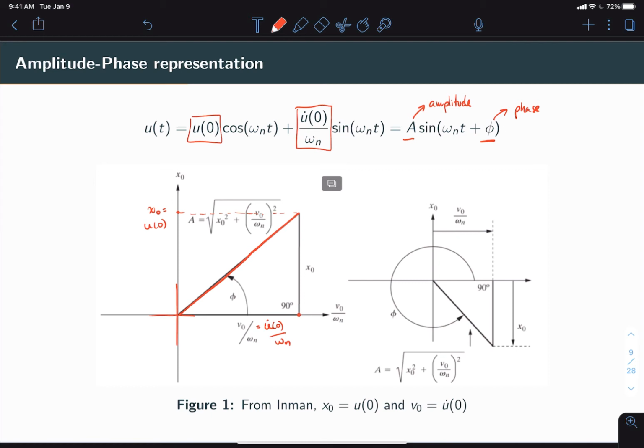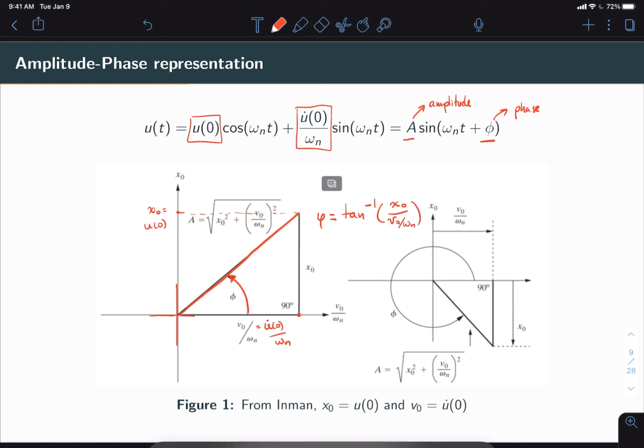And the phase corresponding to those two choices of initial conditions is going to be the angle of that vector. And so that corresponds to inverse tangent of x0 over v0 over omega n.